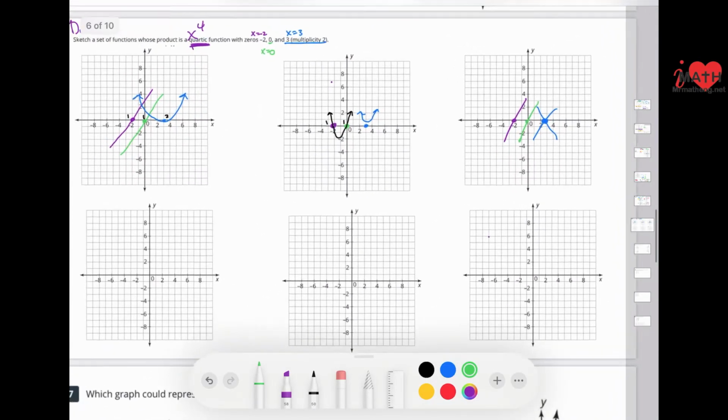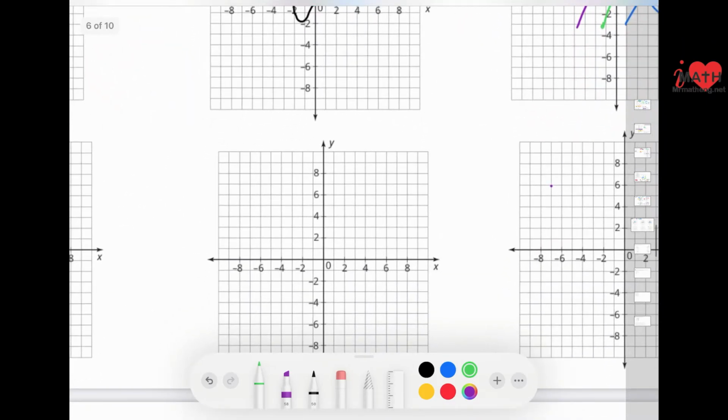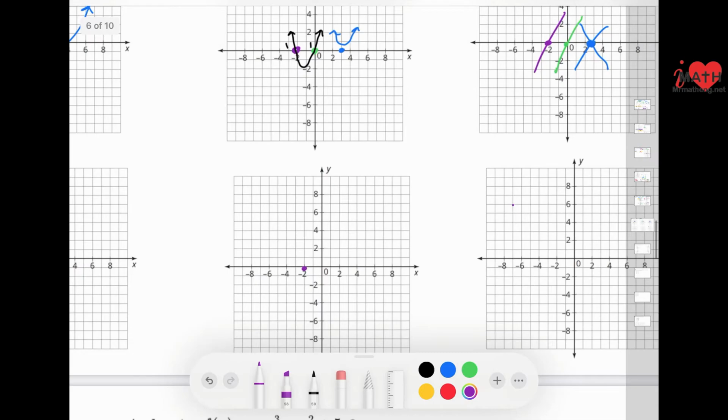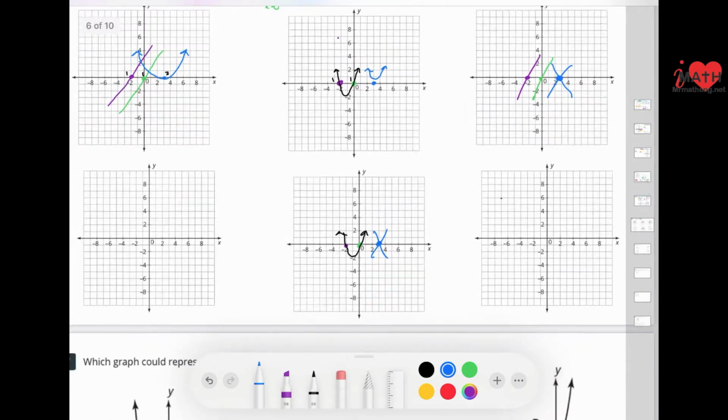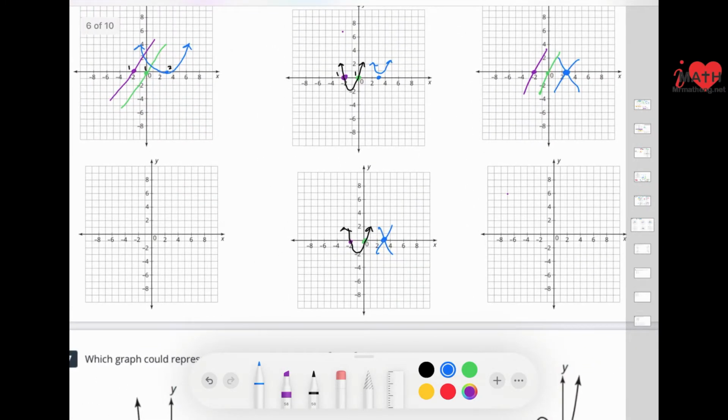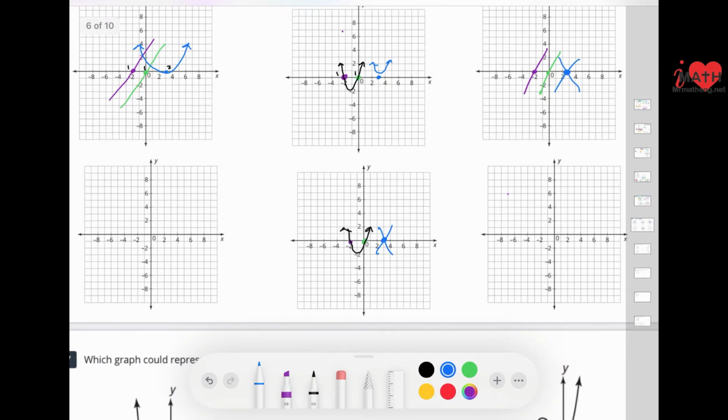Any other combinations I'm missing there? Purple, -2, 2. So you have a quadratic, and then at 3, you can have something like that. Okay, let's see.